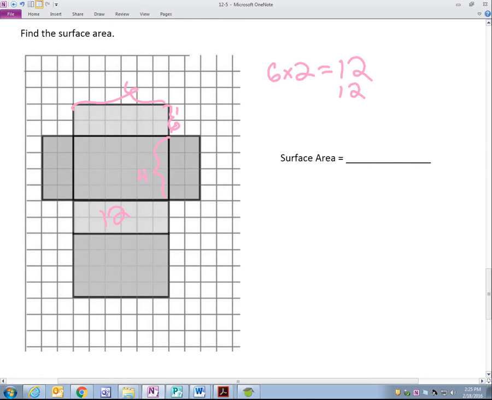This is 4. This is 6. And then there's another one that's 24. How do you get 12 from that? 6 twice is 12. 1, 2, 3, 4, 5, 6, 7, 8, 9, 10, 11, 12.